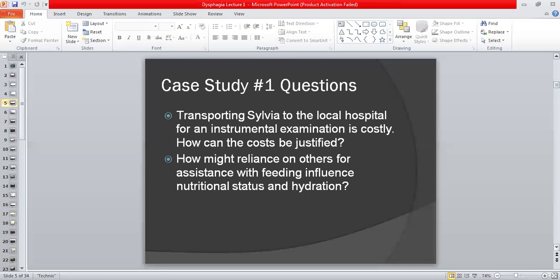Number two, how might reliance on other assistance with feeding influence nutrition status and hydration? Is there another way that we can rely upon for nutritional values and hydration? Can we improve her nutrition by switching to a better diet, to a different diet?